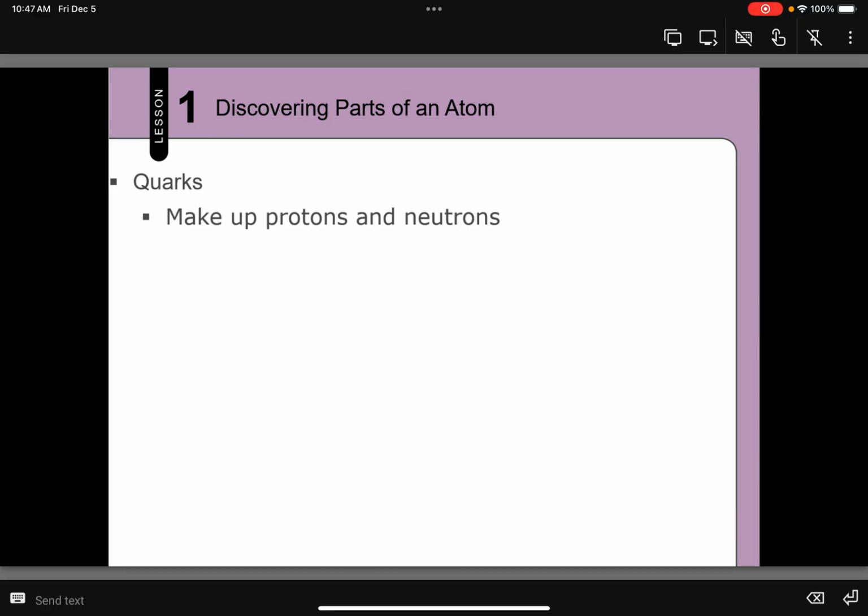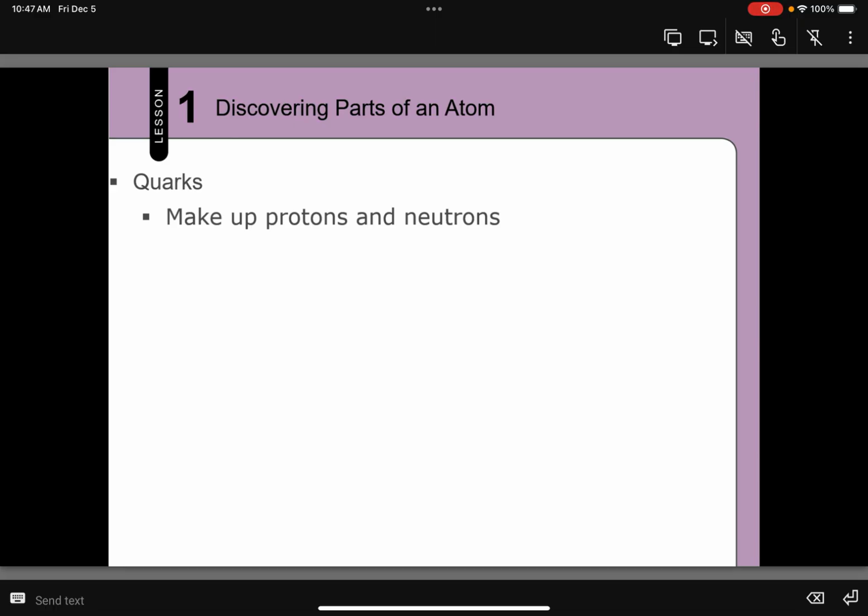So, it was previously thought, so these three things, look on the board so you know what I'm talking about. Protons, electrons, and neutrons are called subatomic particles. They are the three things that make up atoms, right?